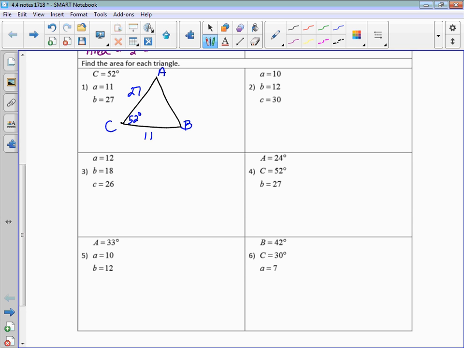So for my area, I'm just doing 1/2 times 11 times 27 times the sine of 52. Key that in, see if you get the same.